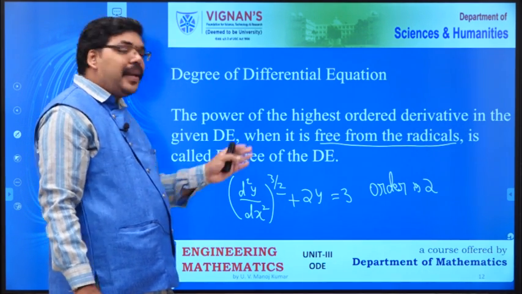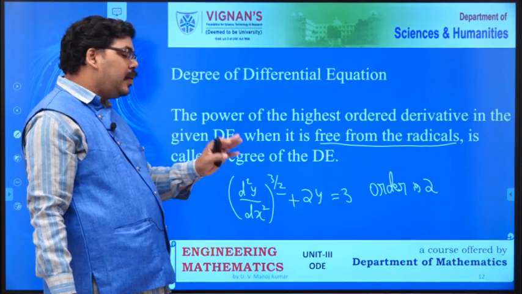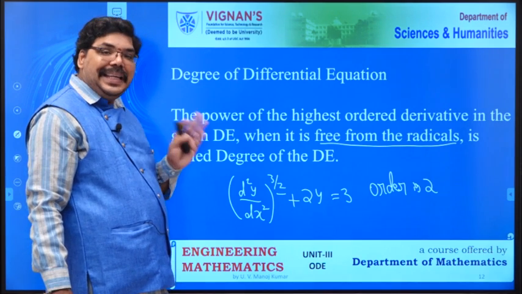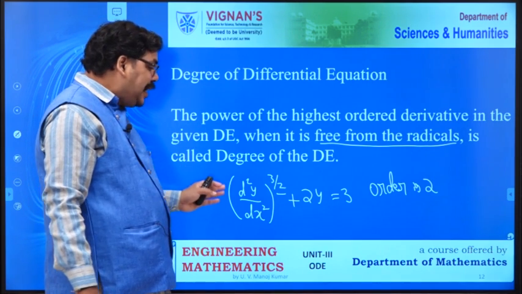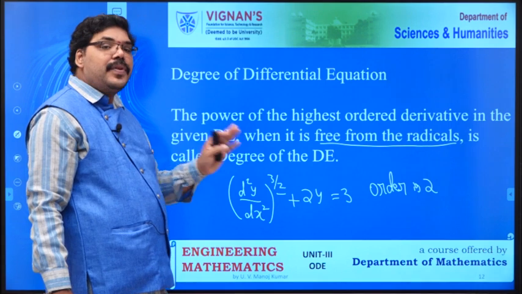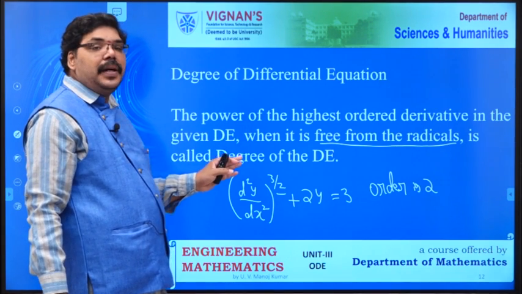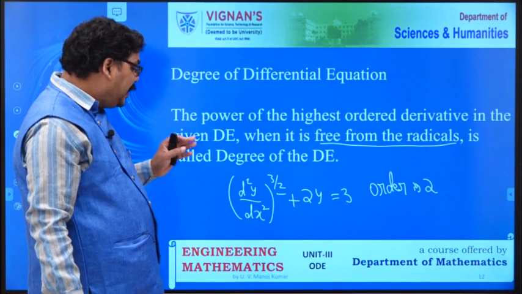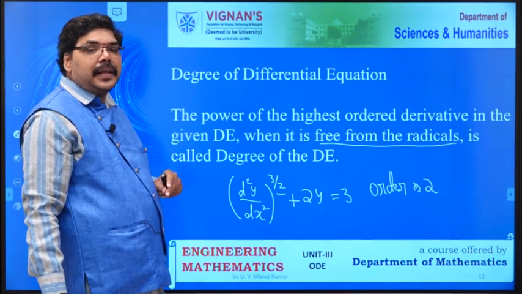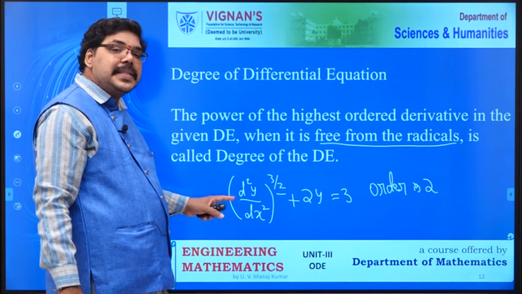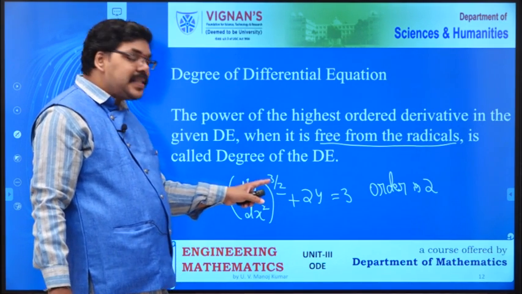We square on both sides. If you square on both sides, 3 by 2 into 2 becomes 3. So after it is expressed in a form free from fractional powers, the highest power of the highest derivative will be 3.